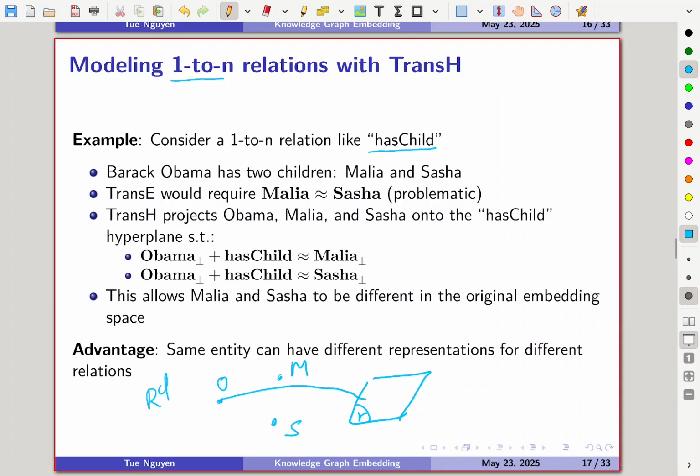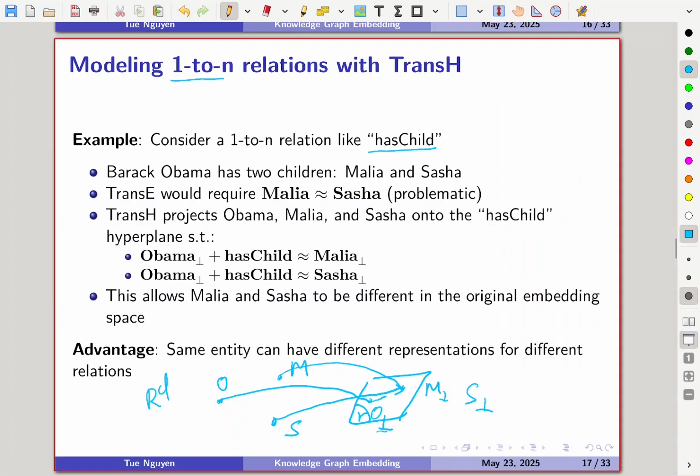We first do the projection of Obama to the plane to get the Obama projection here, and we do the same with Malia, and we have a Malia projection. We do the same for Sasha, and we have a Sasha projection.